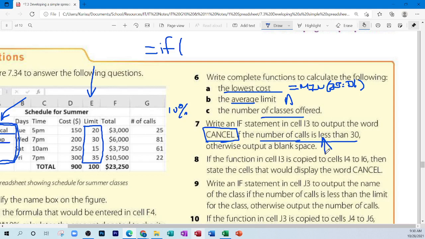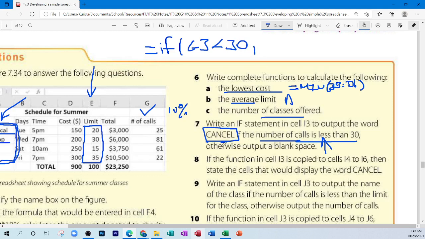Notice the key word here, less than. I told you guys about those questions or those tests. So number of calls, that's going to be G. So that's going to be G3 if it is less than 30, comma, so that's our test.